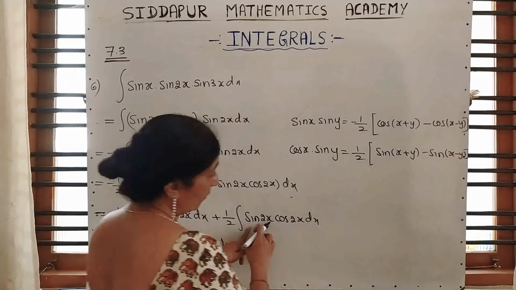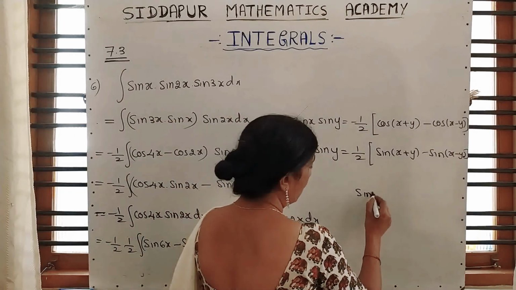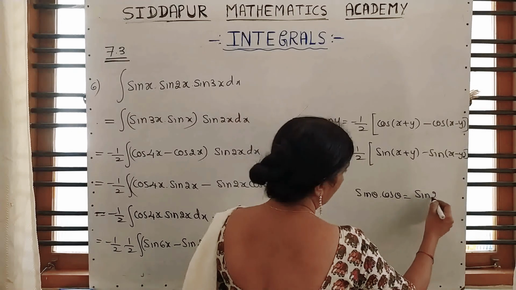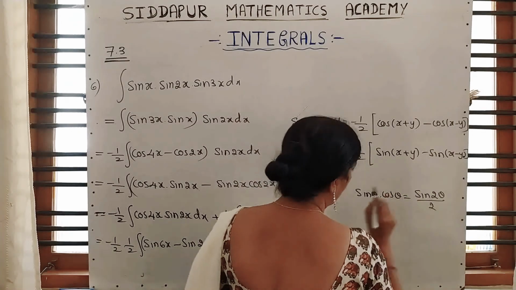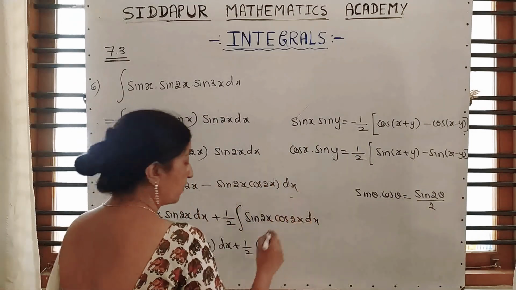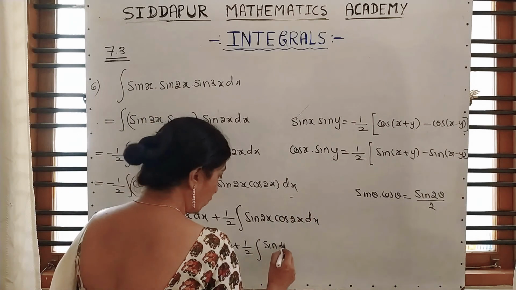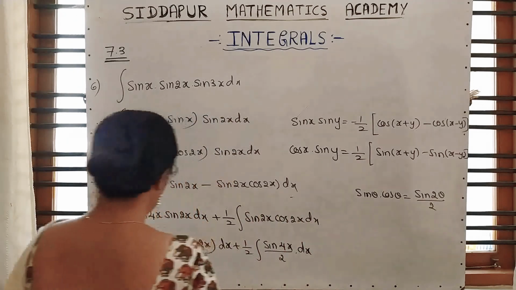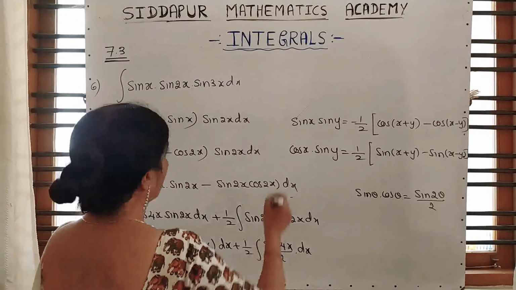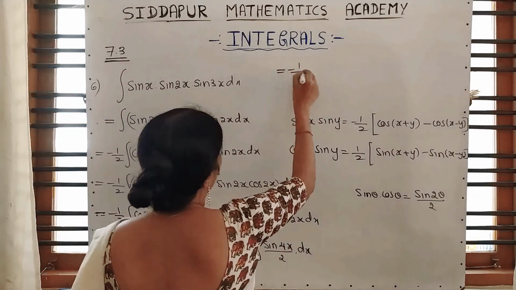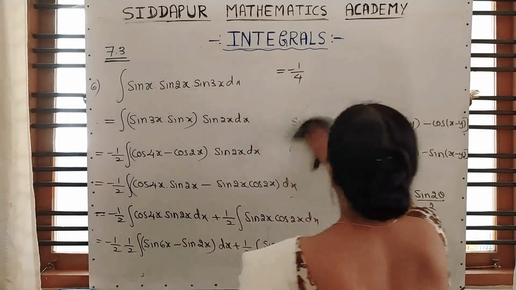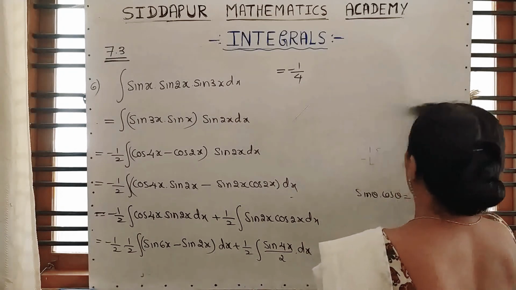Here it is in the form of sin theta into cos theta, correct? They have the same angle, that is nothing but sin 2 theta divided by 2. 2 theta means it becomes double. Here it is sin 4x divided by 2 into dx. So now we will start with the integration. This is outside, minus 1 by 4, because minus 1 by 2 into 1 by 2 is minus 1 by 4.